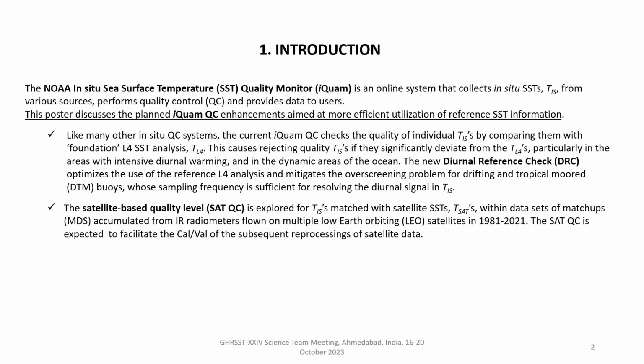Second, ample data sets of matchups have been accumulated during the processing of infrared radiometers flying on multiple low-orbiting satellites since 1981. Based on these matchups, we explored the additional satellite-based quality control, which is expected to facilitate the subsequent historical reprocessing activity.